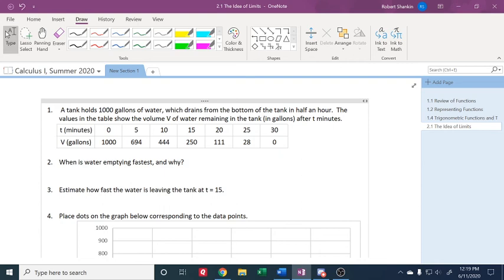All right, group 5. When is the water emptying the fastest? Between minutes 0 and 5. So right at the very beginning. And why is it emptying fastest at the beginning?